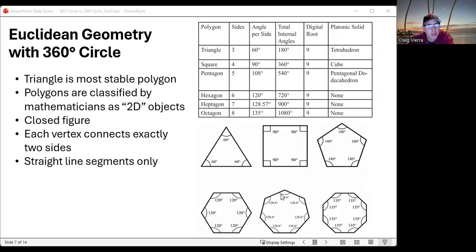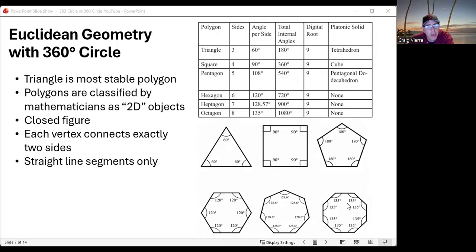Here, this is the heptagon. The internal angles are 128.6, which has been rounded because it's actually a 6-digit repeating number. Over here, this is the octagon, and the internal angles are 135 degrees.